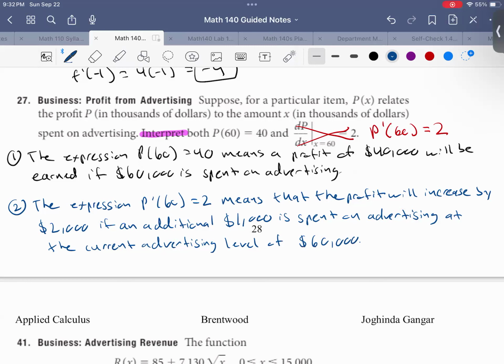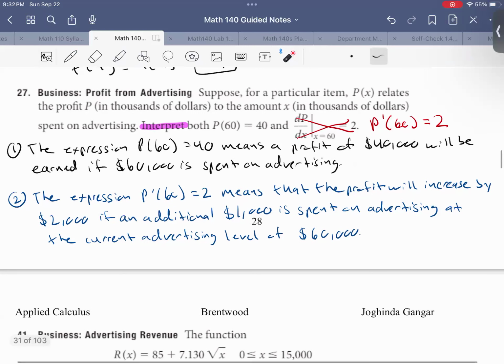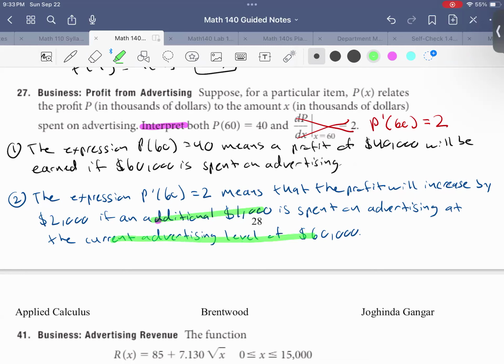Okay, so that's what p prime of 60 equals 2 means. That if we spend another additional $1,000 at the current level of $60,000, then the profit will increase by $2,000.